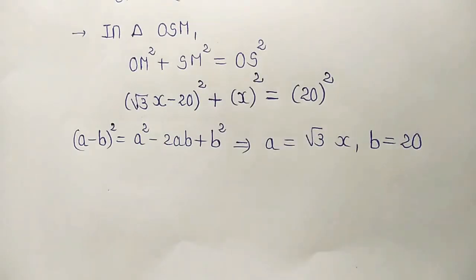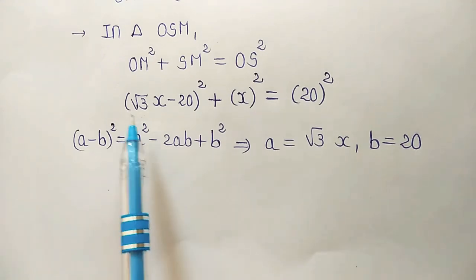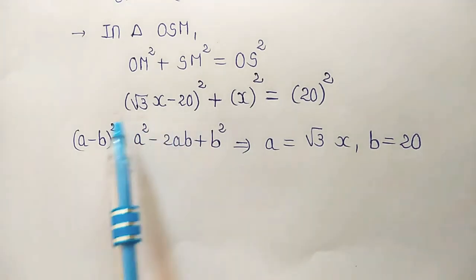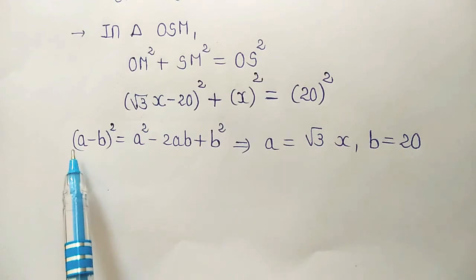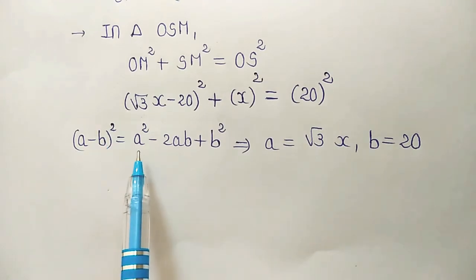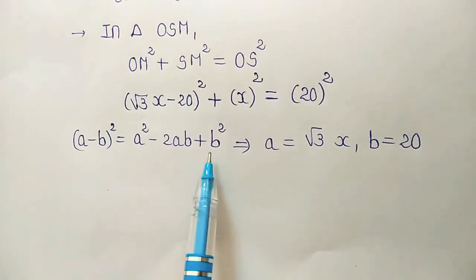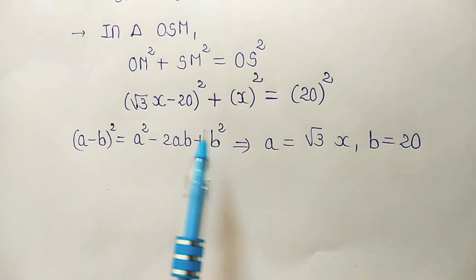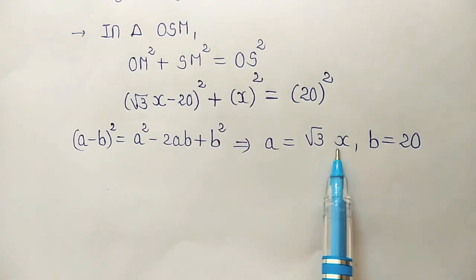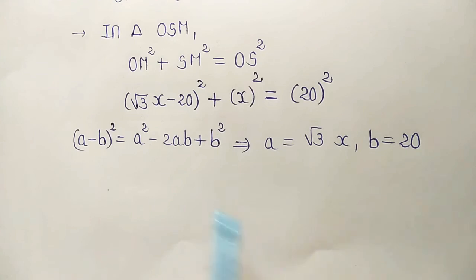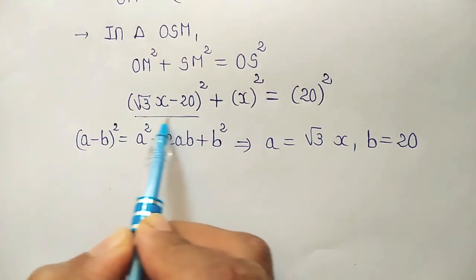Let us simplify (root 3x minus 20) whole square. It is (a minus b) whole square, that is equal to a square minus 2ab plus b square. Here we have a as root 3x and b as 20. So how to simplify these terms?